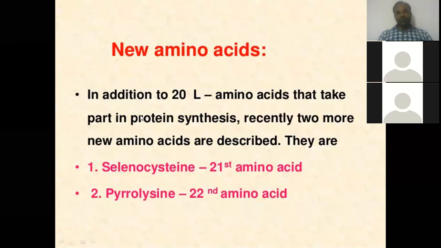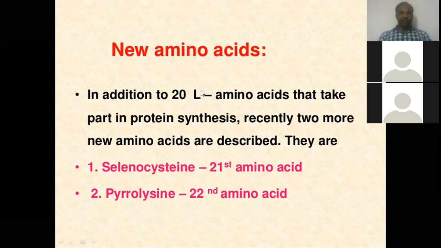यानी यहाँ पे वैसे तो 3 amino acids discover हुए हैं, यहाँ पे 2 ही दिए हैं. सबसे पहले इन लोगों ने 20 बोले थे, 20 के बाद अभी 2 यहाँ पे add हो रहे हैं. 2 नए कौन से amino acids हैं? Selenocysteine, which is considered as the 21st amino acid, and second one, that is pyrrolysine, which is considered as the 22nd amino acid.